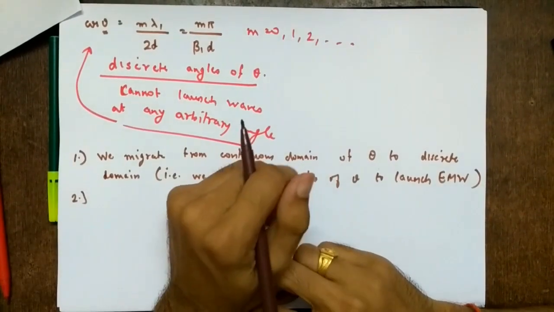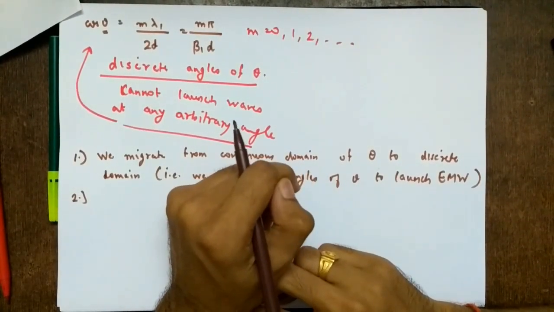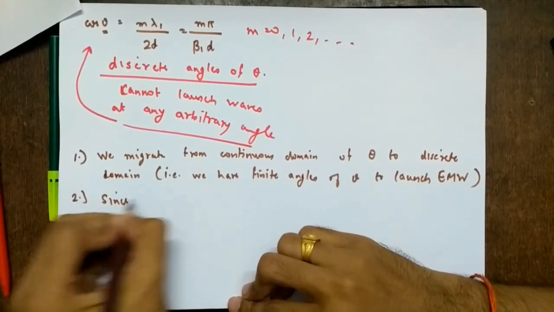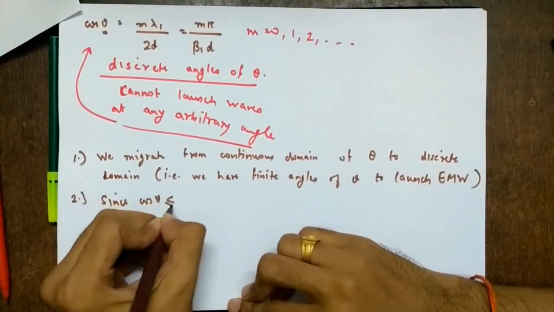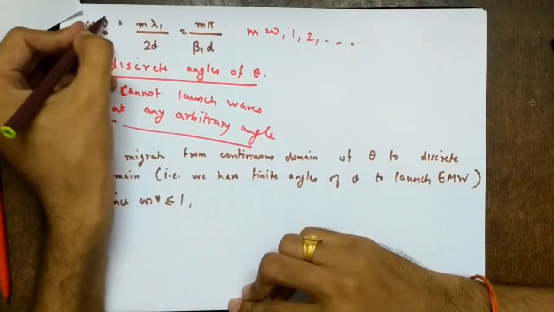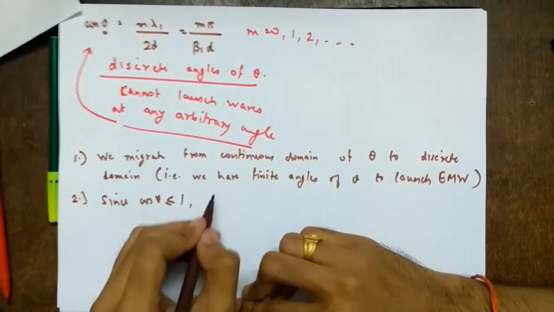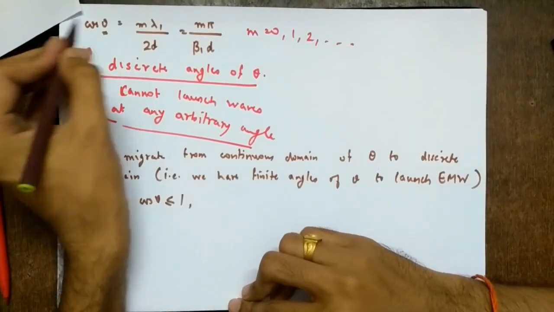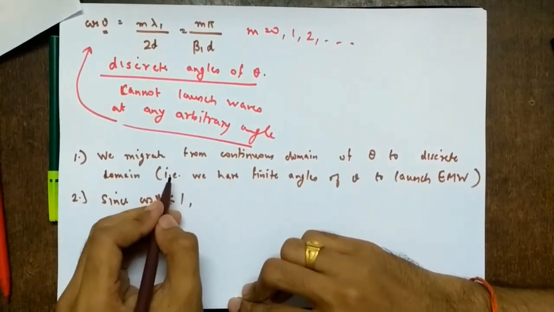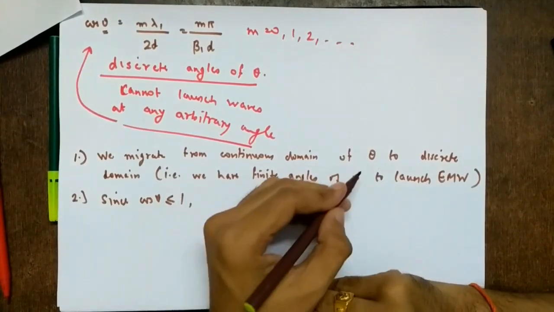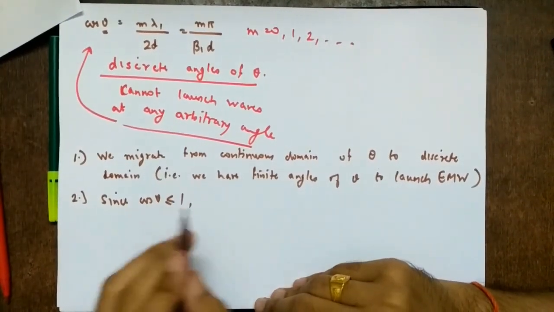Next, what do we understand? Since cos theta is less than or equal to 1, it does not have values from 0 to infinity. It will always lie between -1 and 1. But we will take, let's say, positive values only, 0 to 1. First we said there are discrete angles, so all angles will not be encompassed.